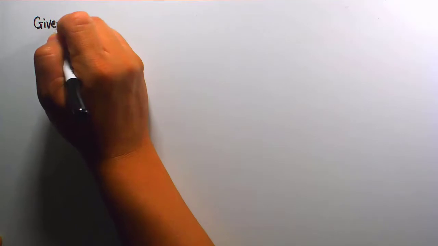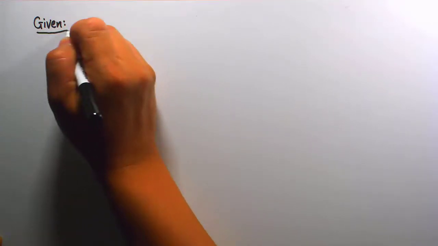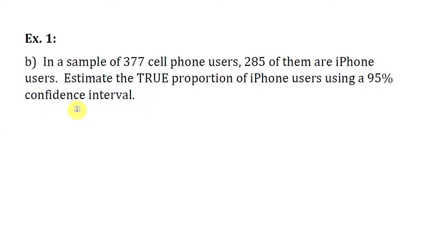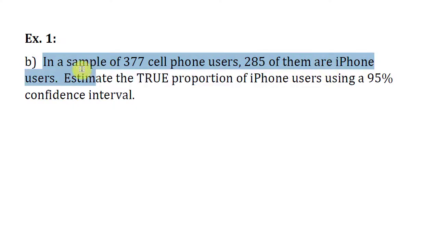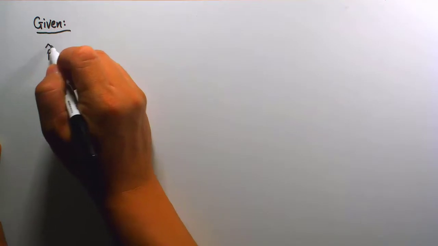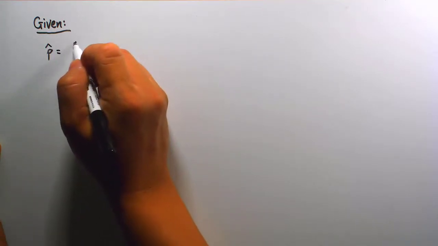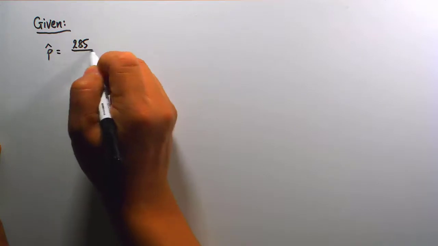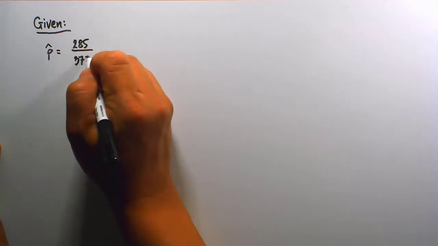So once again, let's list down the given information. So this time I am going to list down the given information according to the order of how the problem was written. So in a sample of 377 cell phone users, 285 of them are iPhone users. So this beginning description is now telling us that we have a sample proportion value 285 over 377.